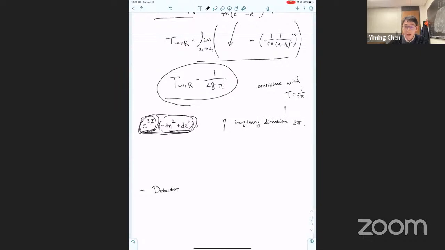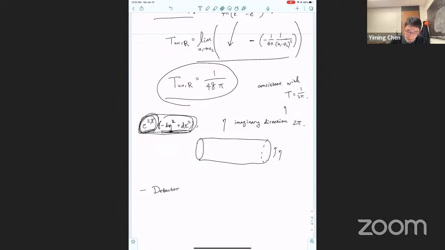Another way of thinking about the physics is that if we ignore this overall factor, the manifold that the conformal field lives in is an infinite cylinder.